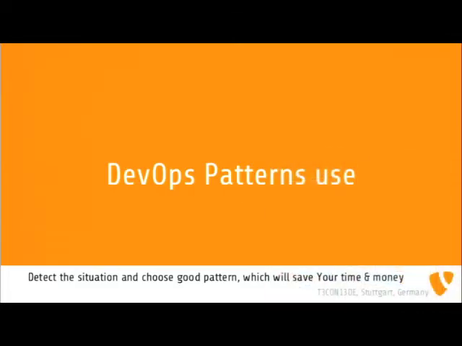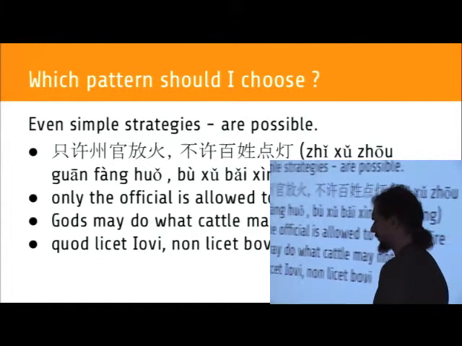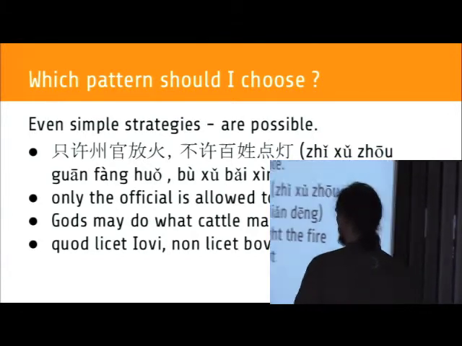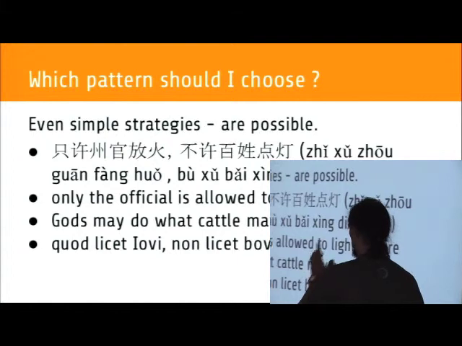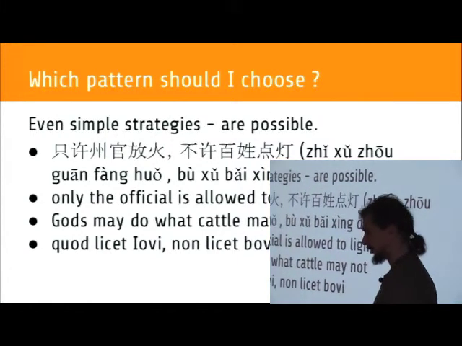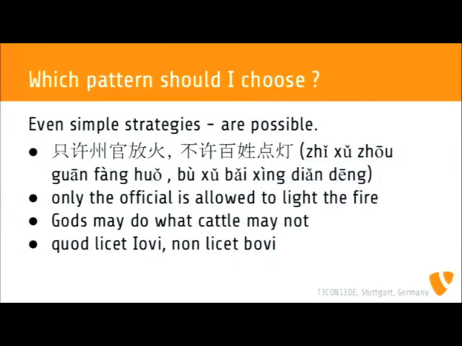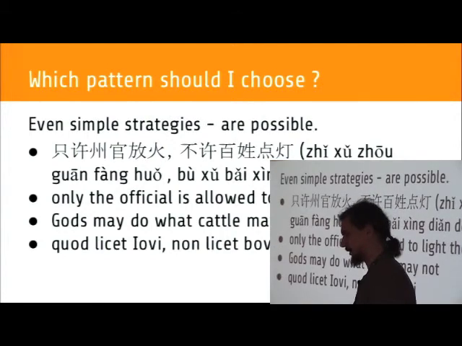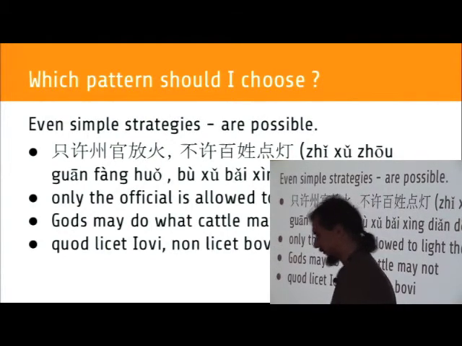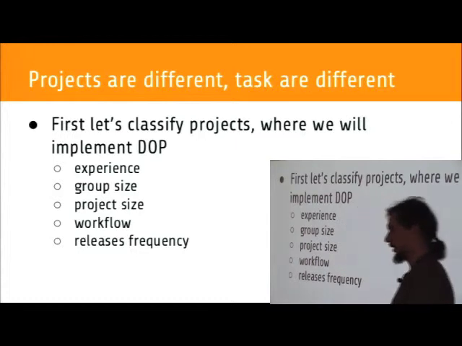So, how to use DevOps patterns? Because abstraction is good, but how to begin to use it in your team? First we will see that it's possible to make simple strategies. It's possible to make complex strategies. The most important here is to choose a good one, because the success of the result will depend on your choice.